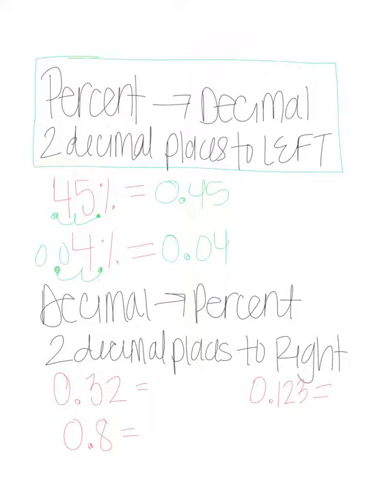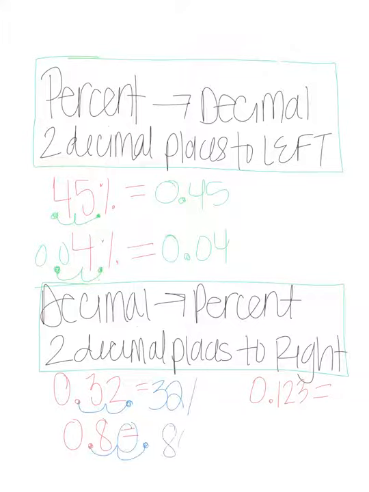Decimal to percent, 2 decimal places to the right. Start here, 1, 2, so 32%. Start here, 1, 2, add a 0, 80%. Start here, 1, 2, 12.3%.